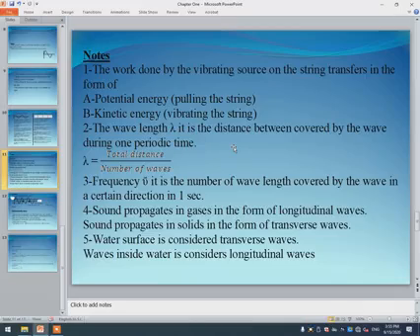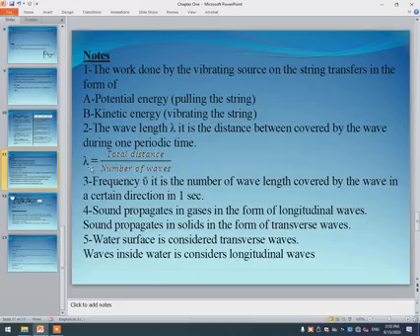These 100 waves covered a distance equal to 10 meters. What is the length of one wave? Of course, you will divide 10 over 100. This will be 0.1 meter. So the rule: lambda is the total distance covered by the wave divided by the number of waves.